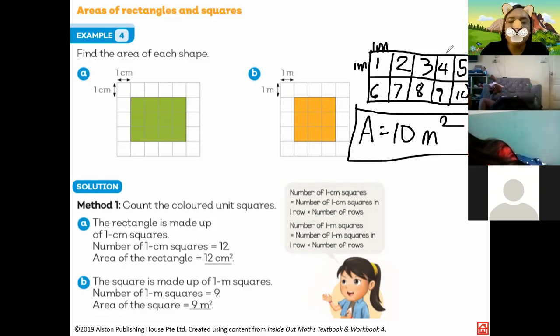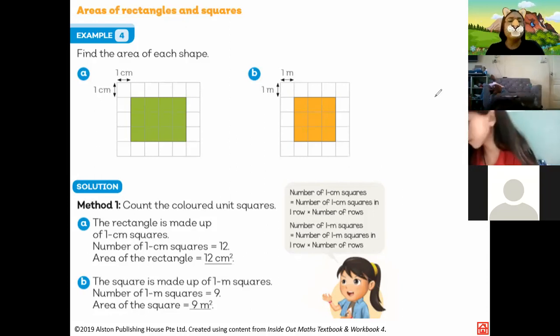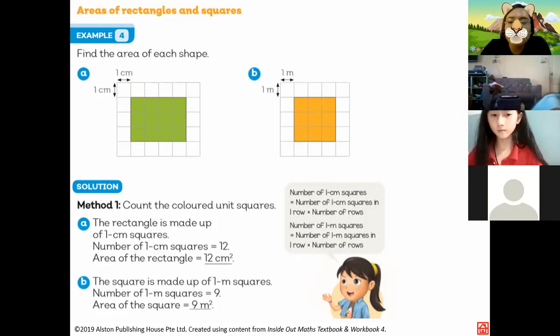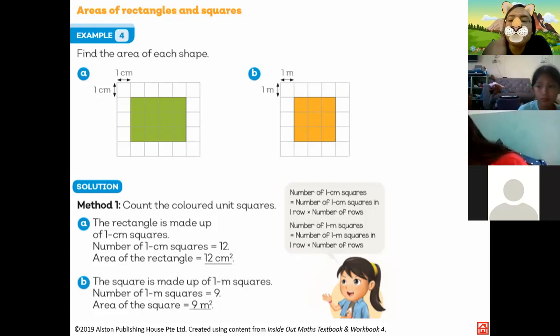So the area of this figure is 10 meters squared. Do you understand? Yes. Okay. All right.